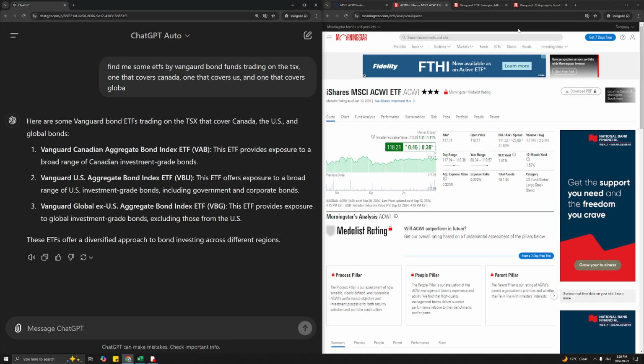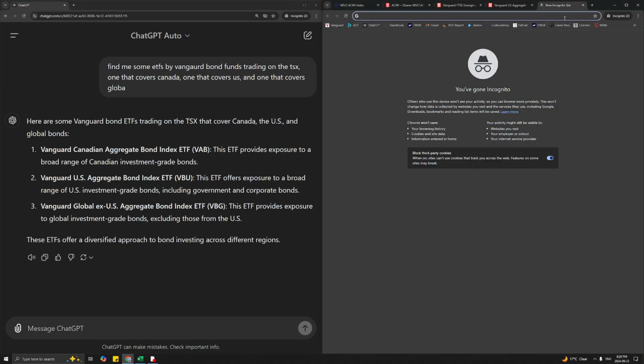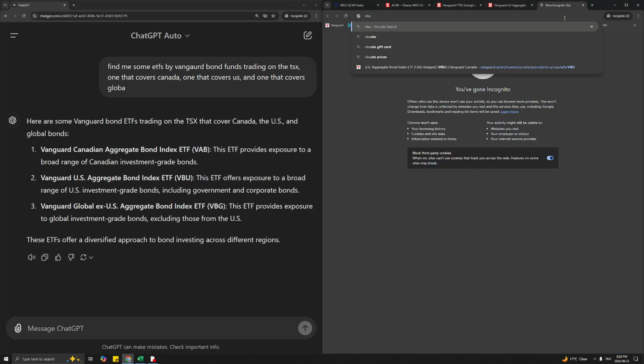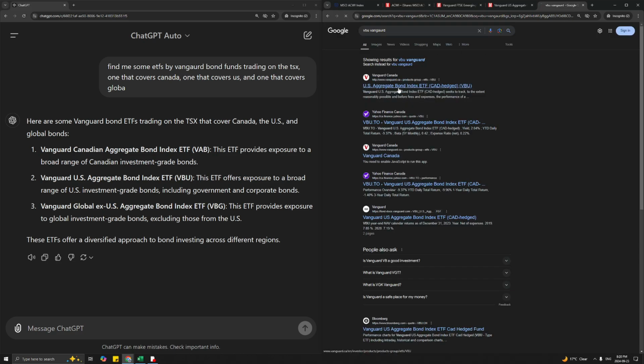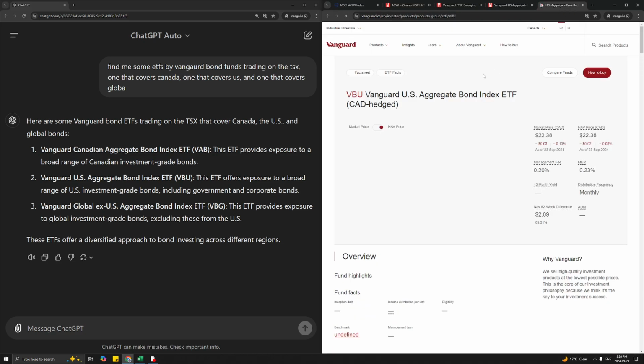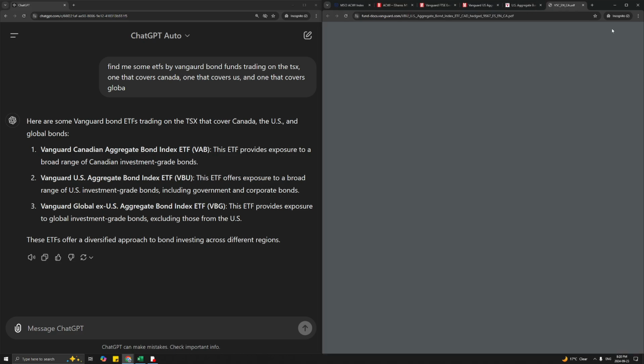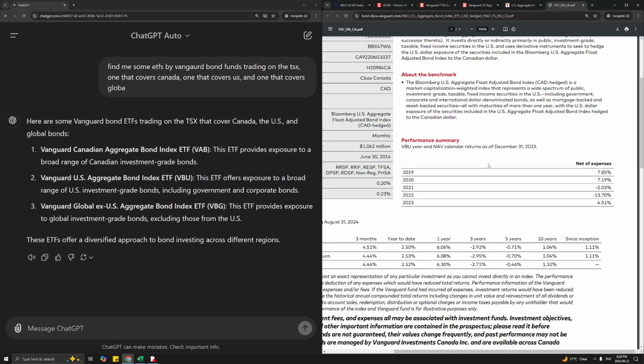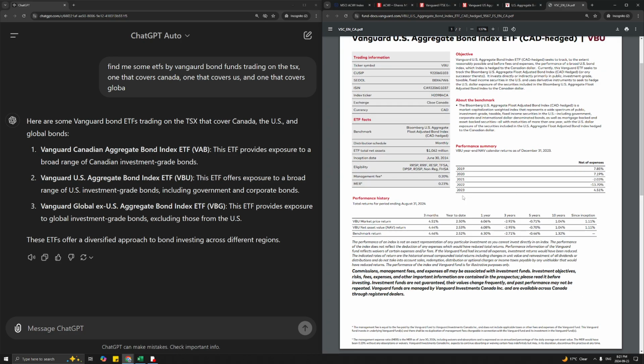Let's do this. VBU Vanguard. Okay, fact sheet. MER 23%. Whatever. I'm not going to be able to invest in bonds at anything lower, so that's awesome. The drawdown.